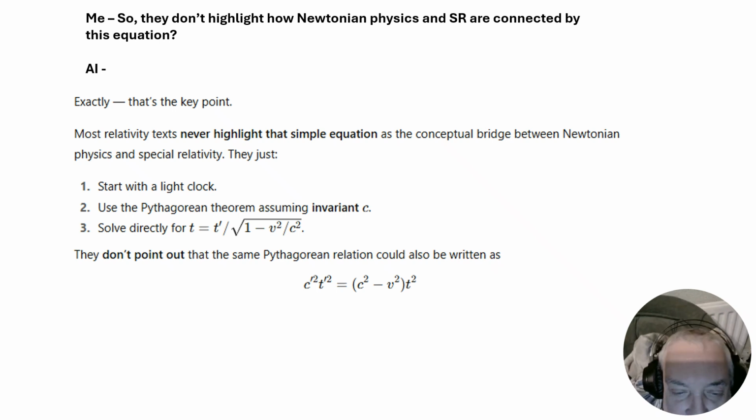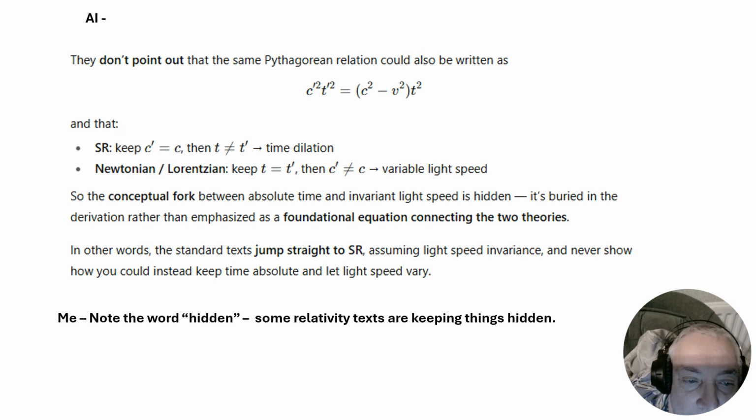AI doesn't point out the same Pythagorean relation would also be written as my form, and that from that foundational equation, c prime equals c, then t does not equal t prime.